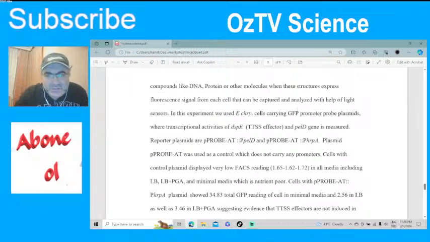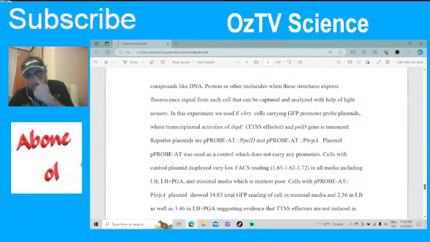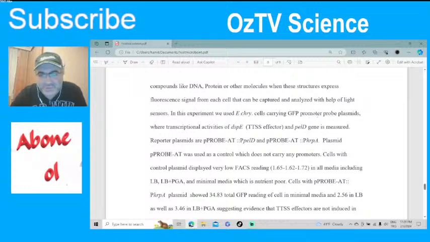So if you can analyze and study the lovastatin promoter with the GFP protein, just an example, or the reishi mushrooms, or other medical mushrooms, we just need these plasmids, GFP promoter probe plasmids.